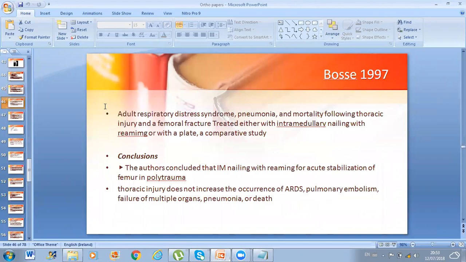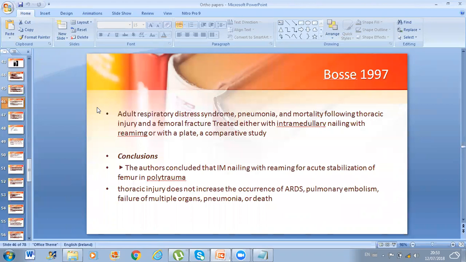This is Bosse 1997, adult respiratory distress syndrome, pneumonia and mortality following thoracic injury and femoral fracture treated either with IM nailing, with reaming or with plating, a comparative study. He quoted that IM nailing with reaming for acute stabilization of femur in polytrauma thoracic injury does not increase the occurrence of ARDS, pulmonary embolism, failure of multiple organs, pneumonia, or death.